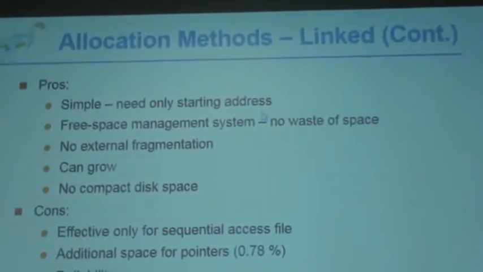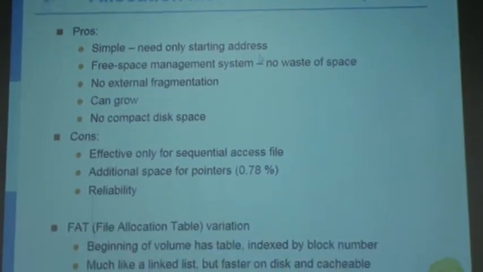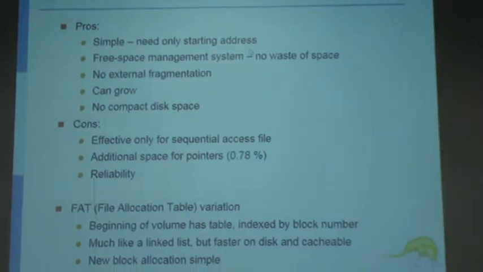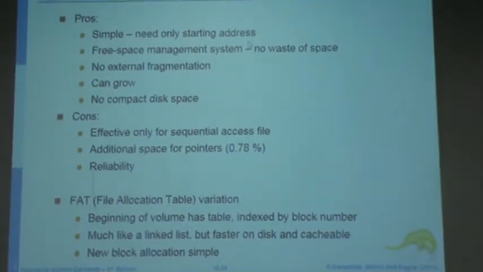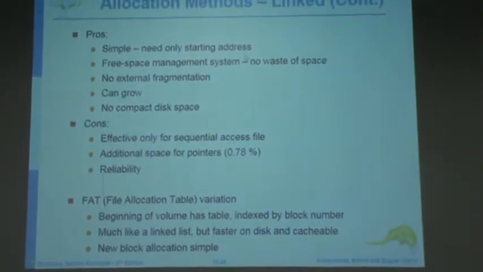So there are pros and cons. I already explained most of that. It's simple, and there's no waste of space, no external fragmentation. You can grow whatever you want until the maximum available free space, and you don't need to worry about compaction or disk fragmentation.